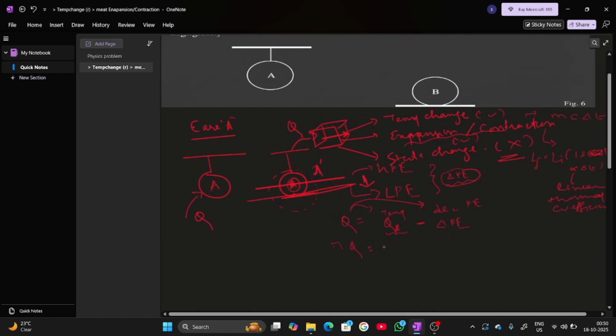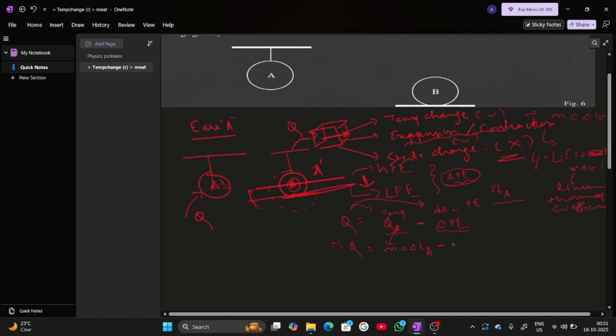So here let the change in temperature be delta T_A. So Q_A will be mc delta T_A minus the change in potential energy. Let its radius be R. So what will be the change in the position of the center of mass?